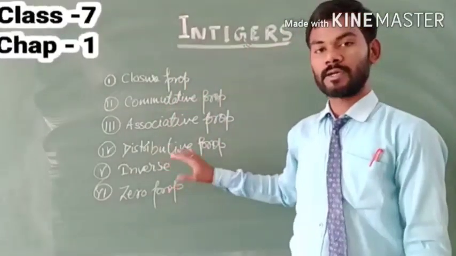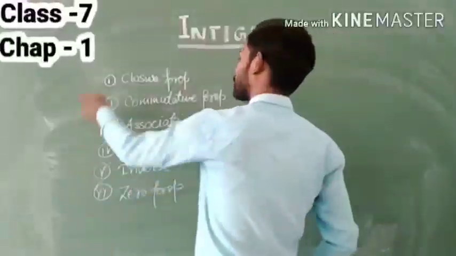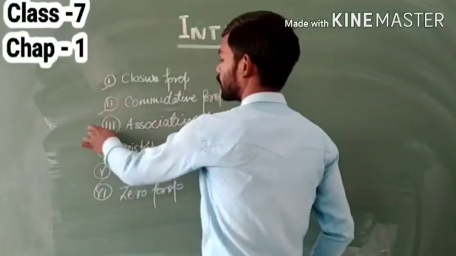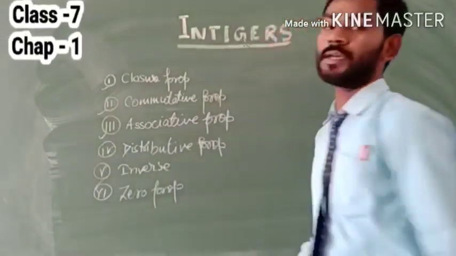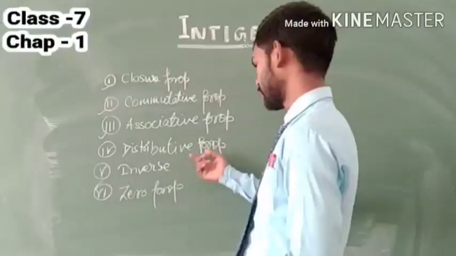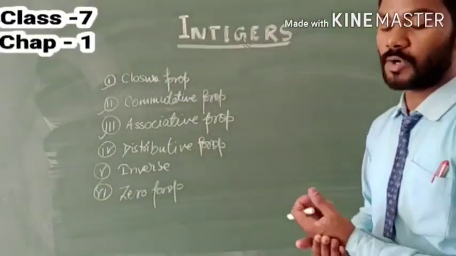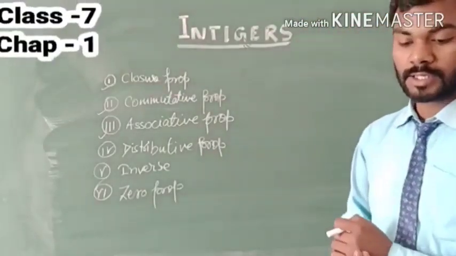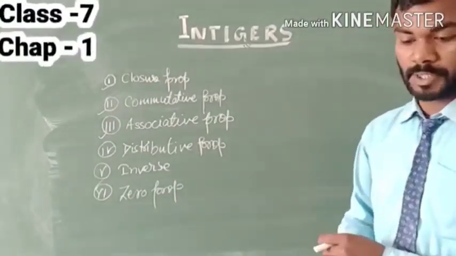In these properties we have discussed the closure property, commutative property and associative property. Now we are going to discuss the distributive property of integers under the operation of multiplication.